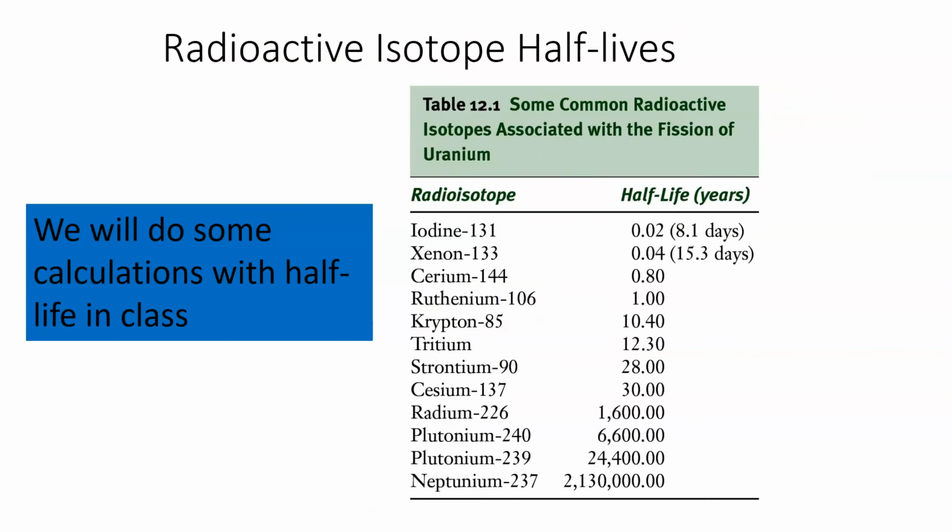Now, it is important to understand what we mean when we say half-life. When you have a radioisotope, you have to remember that atoms are extremely small. When you have a measurable amount of a substance, let's say a handful of something, we're talking about some ghastly number of atoms.